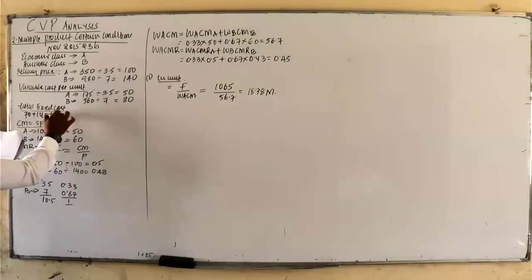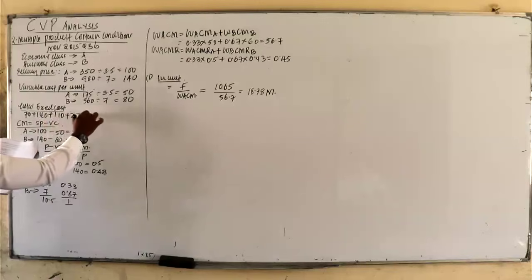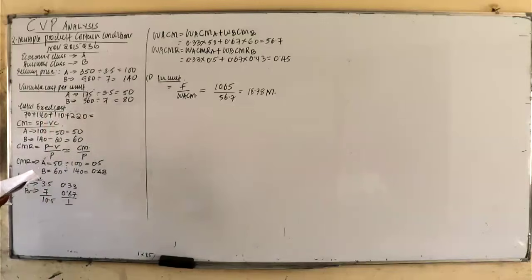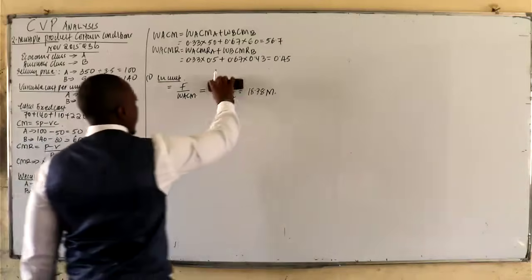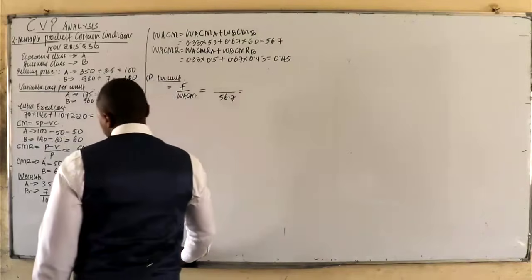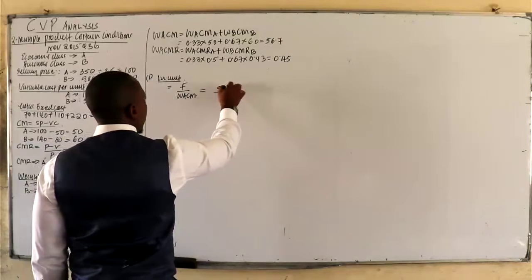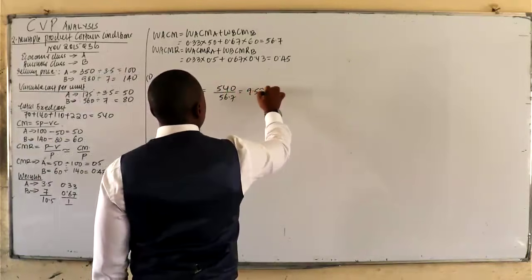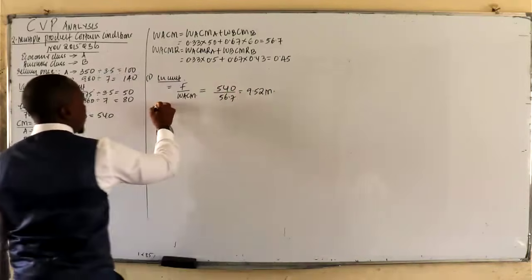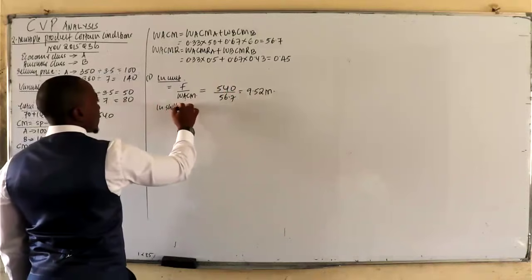And 110 plus 220. So give me the total fixed cost. We get 540. So therefore, our fixed cost will be 549.5 million.